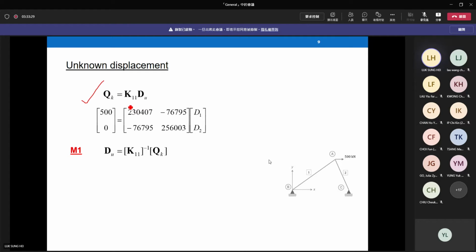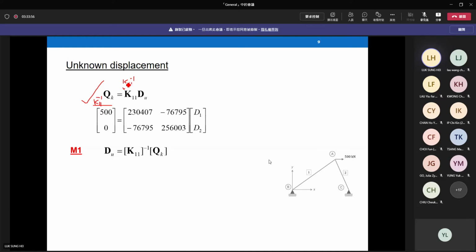Method 1, I use the matrix approach. I try to find the inverse of K1. Because you can see that if you multiply the inverse of K1 on both sides of the equation, then the right-hand side becomes only du. The left-hand side equals K1 inverse times Qk. This multiplication gives you the unknown displacement du immediately.